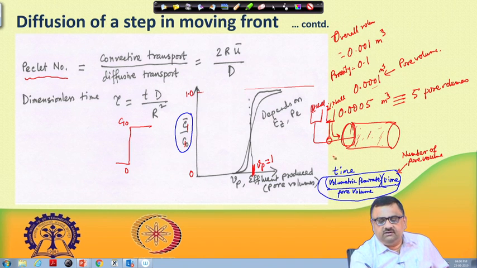So essentially you have provided a step change in concentration, and at the outlet you are collecting fractions. That is possible, or there are some instruments where this flow can be directly fed into the instrument, and the instrument will continuously give the record with time.